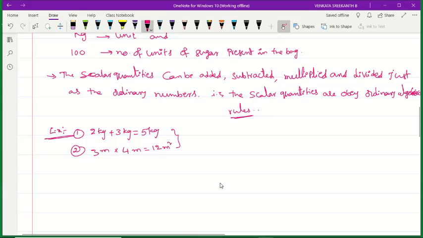Next is vector quantity. What are vector quantities?